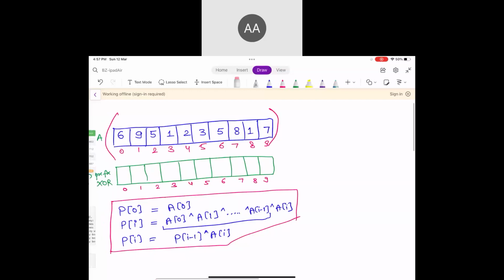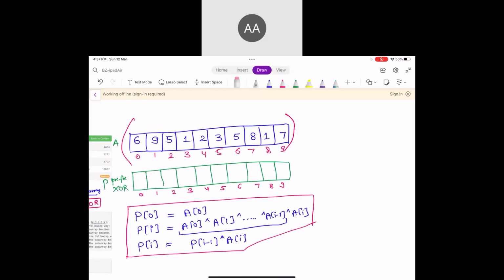Okay guys, so what is P of 0? What should I put here? Prefix XOR up to index 0 is how much? Same element, same 6. Up to 9?